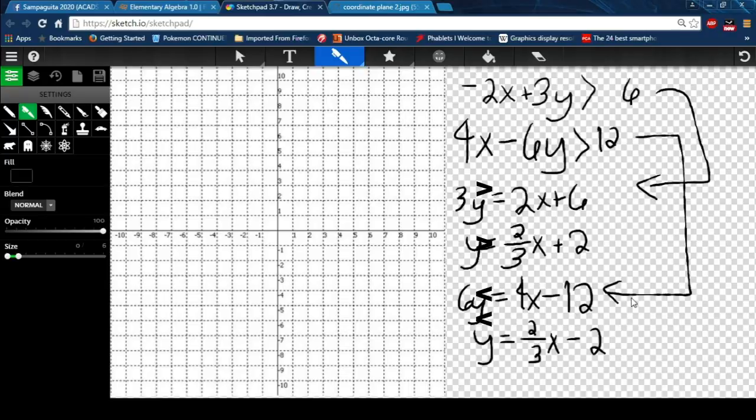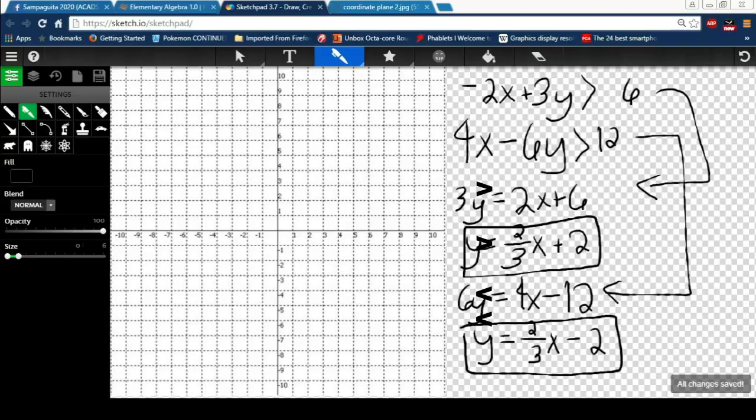So as you can see, both inequalities are identical, but the only difference is the sign. And you will see a weird pattern at the end of the graph. So we got our simplified inequalities, and we will begin graphing them.